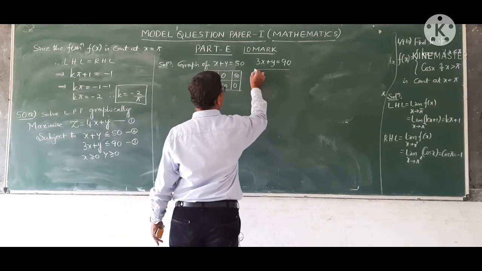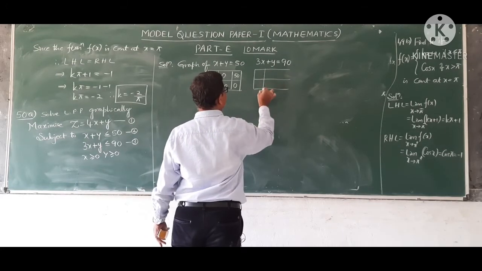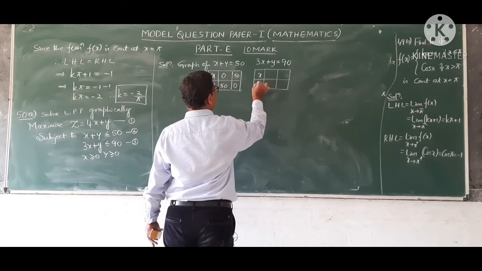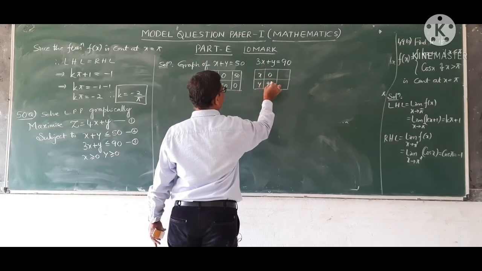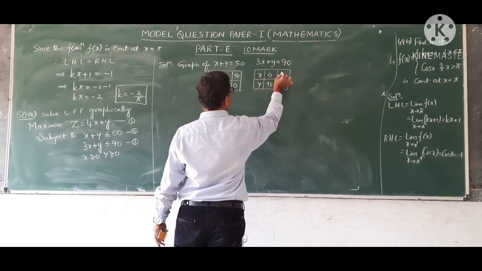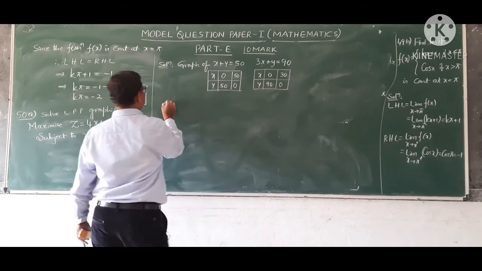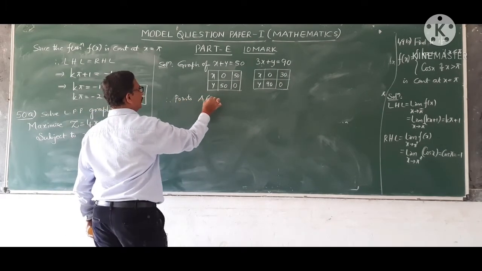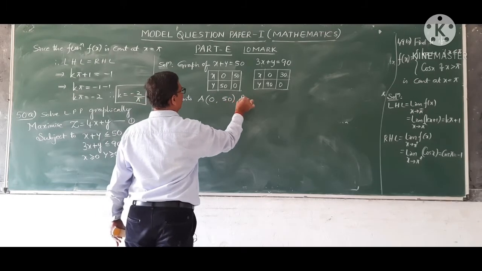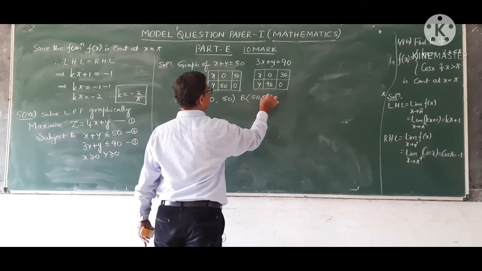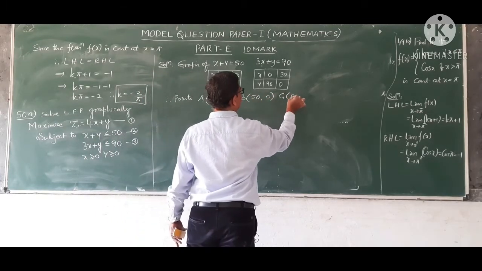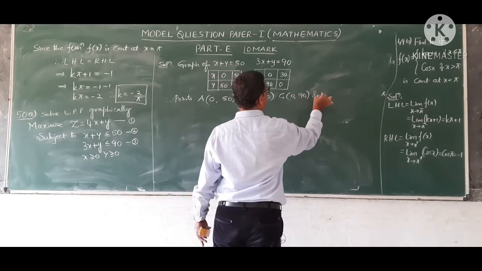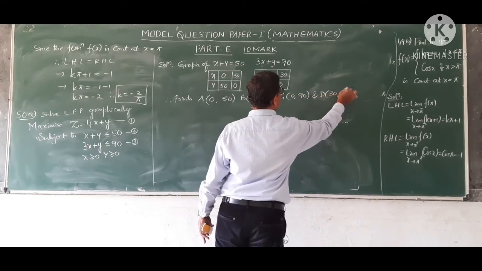Similarly for the second, put x equal to 0, y is 90; y is 0, 3x is 90, x is 30. Therefore the points are A (0, 50), B (50, 0), C (0, 90), and D (30, 0).